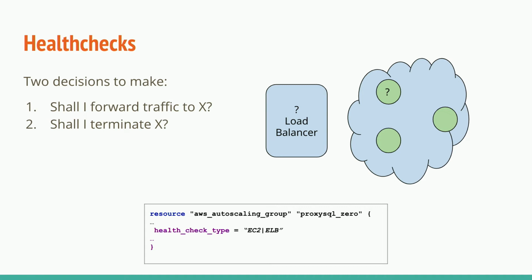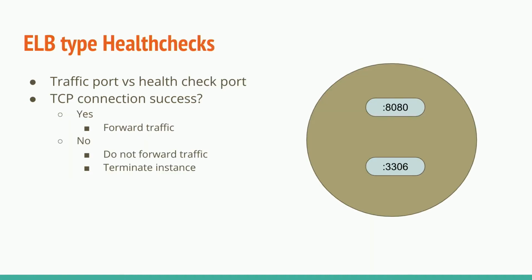And there are two health check types that you can define on the auto-scaling group level because they behave differently. One type is the ELB health check. Basically, this is a health check that is responsible for both decisions. How does it work? First of all, for network load balancers, the health probe is not an HTTP request.